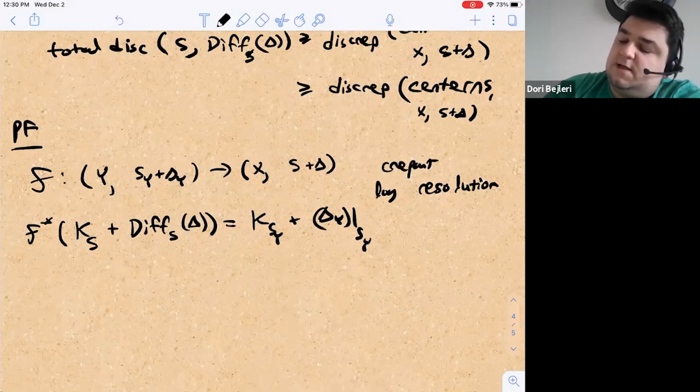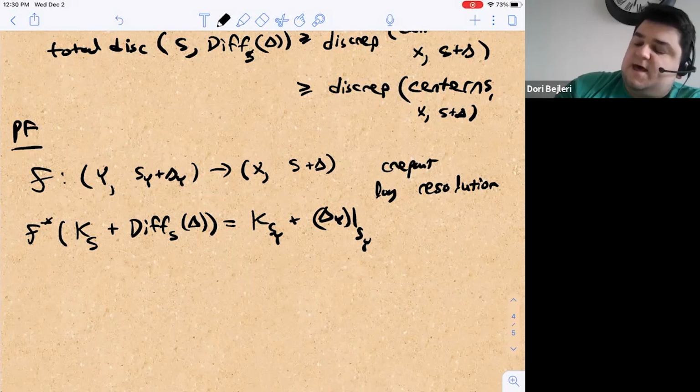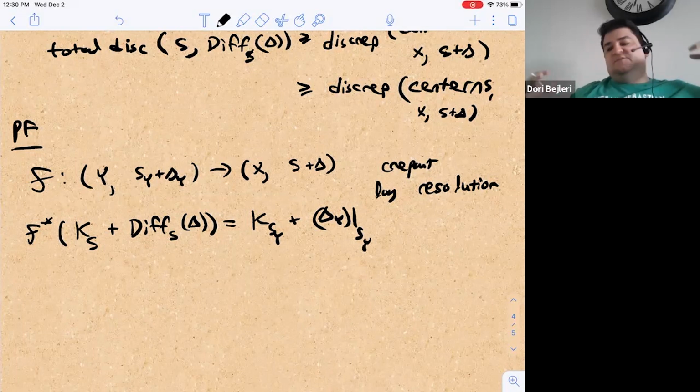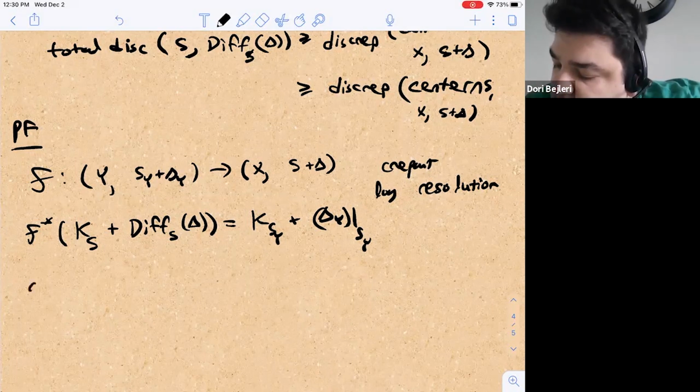And let's assume further that we've blown up so that we've separated S from all the components of delta.